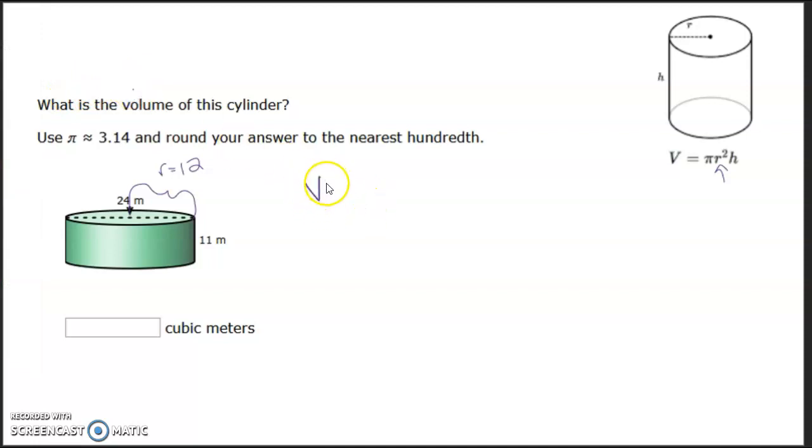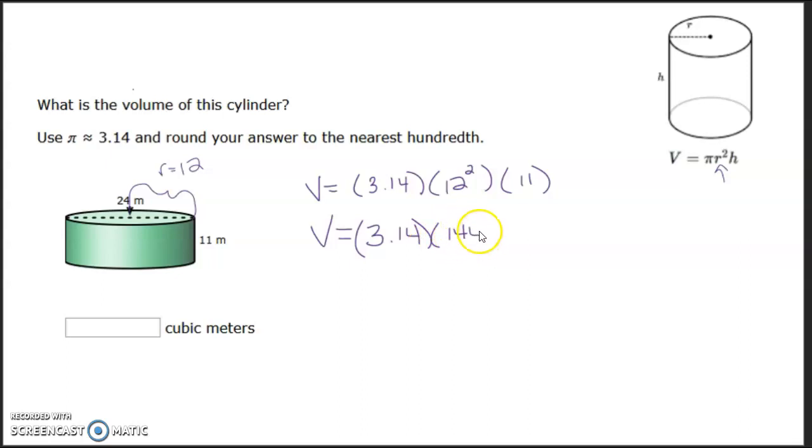Okay, so let's use this formula. So V equals pi, which is 3.14, times the radius squared, which is 12, not 24, it's only half the distance, times the height, which is 11. So V equals 3.14. 12 squared is 144. I'll put that in parentheses.